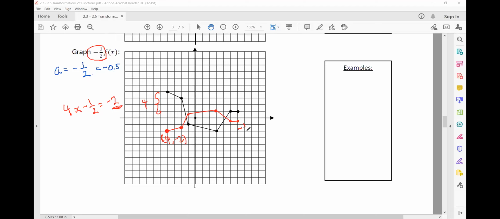I'm going to say, yeah, it does. This is a -1/2 f of x. So again, as an example, if the parent function was an x squared, this would be just -1/2 multiplied by the entire function. If I was dealing with a square root, it would be -1/2 multiplied by the entire function. And if it was a reciprocal function, it would be -1/2 multiplied by 1/x.